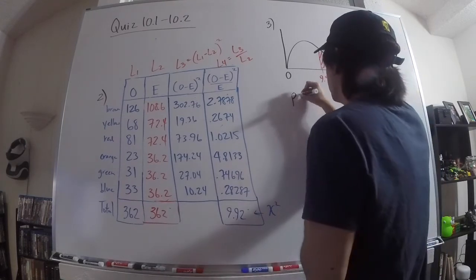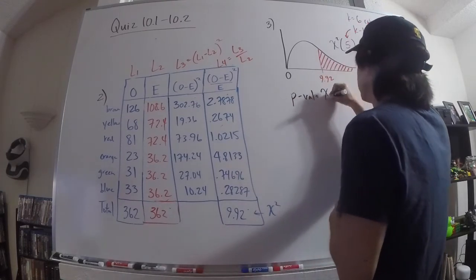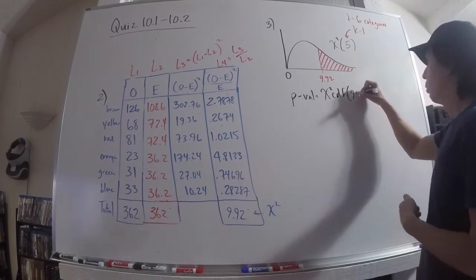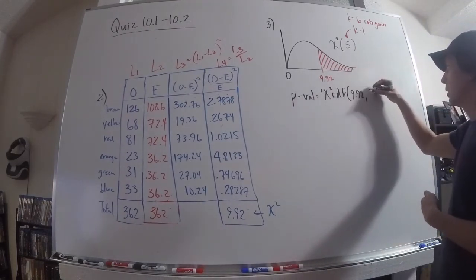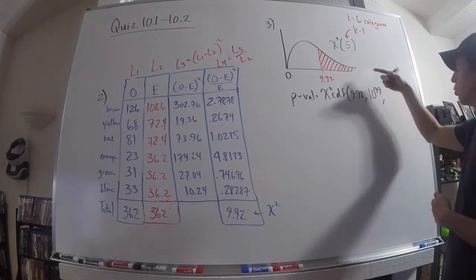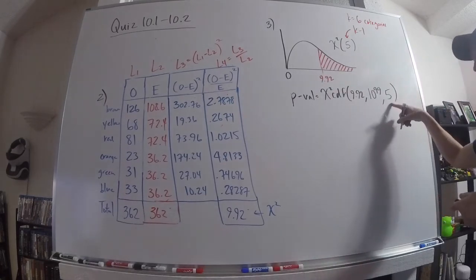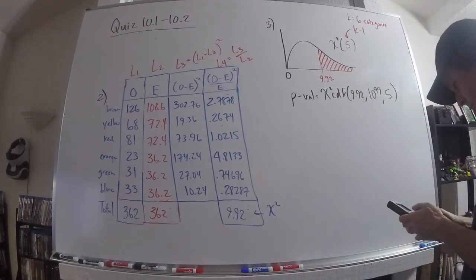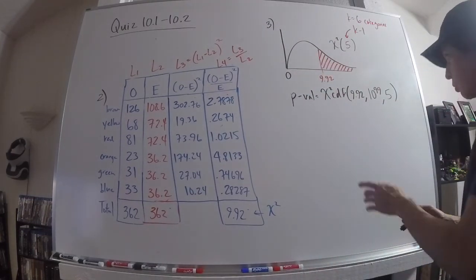My p-value is equal to chi-squared CDF. My lower bound is 9.92. My upper bound is infinity, 10 to the 99 I'll use, as usual. And my one parameter, degrees of freedom, is 5. Chi-square CDF, you got to scroll a little bit to see it.